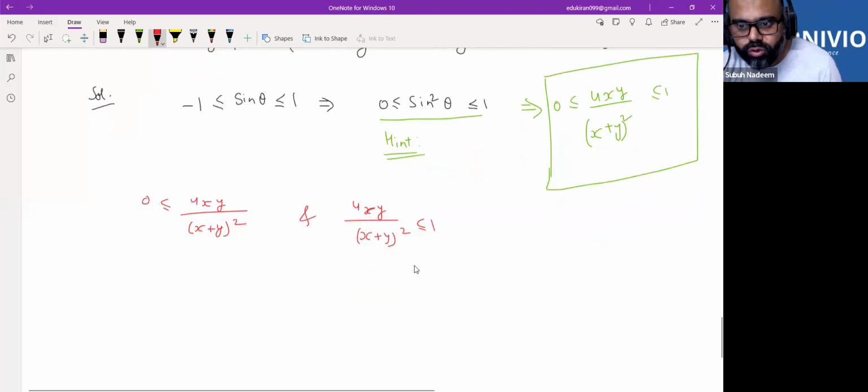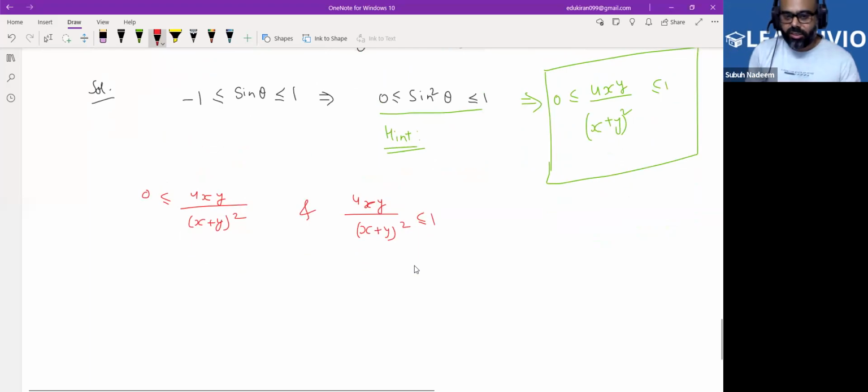So we have to think in multiple dimensions. First thing we have to keep in mind is that the denominator x plus y cannot be equal to 0. Otherwise, this function will not be defined.